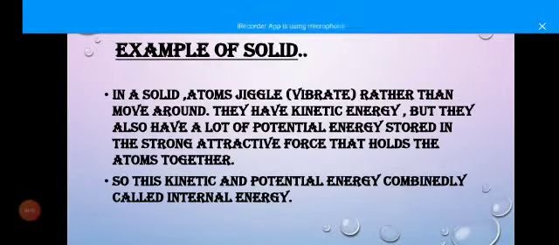Now the example of a solid. In a solid, atoms mostly vibrate rather than move around. They have kinetic energy, but they also have a lot of potential energy stored in the strong attractive force that holds the atoms together. So this kinetic and potential energy combined is called internal energy.